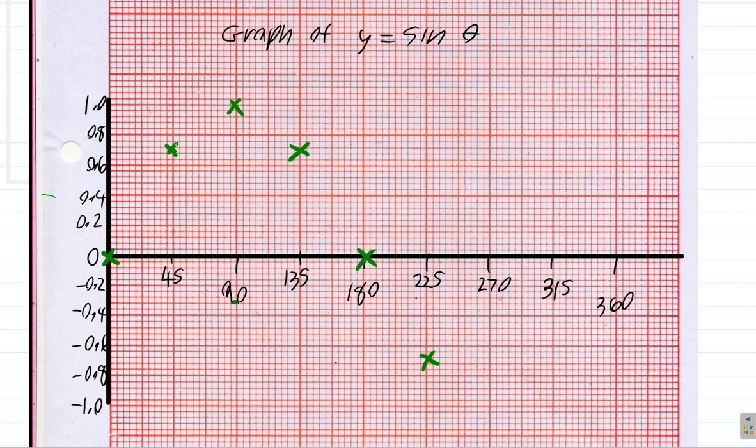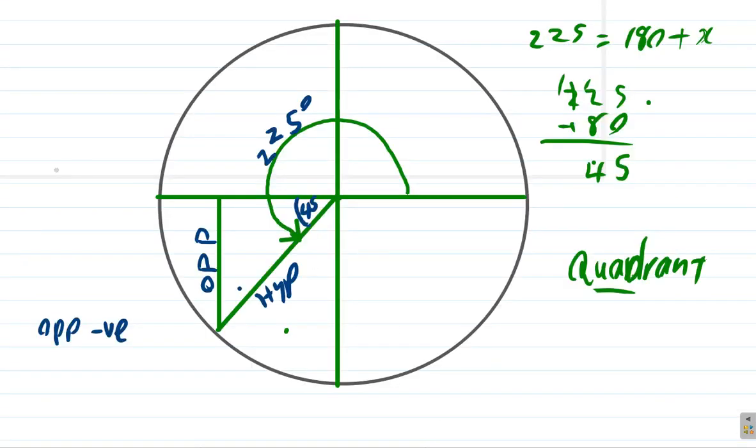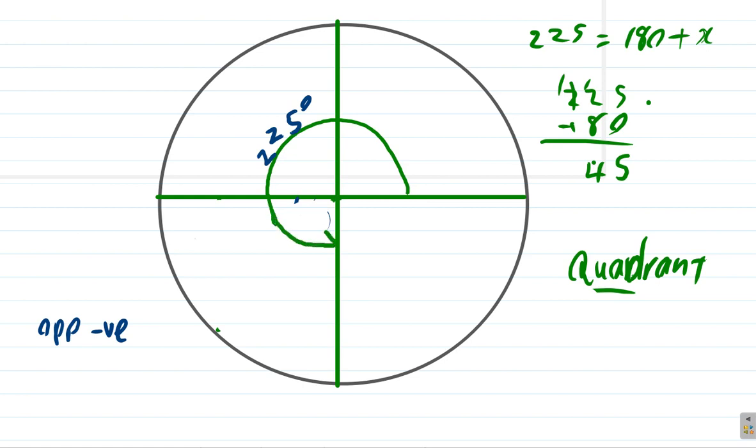Alright, 270. We're ready for 270 now. What will be the sine of 270? Let's erase some of what we have here. Now, the thing is, 270 would swing right around to here.